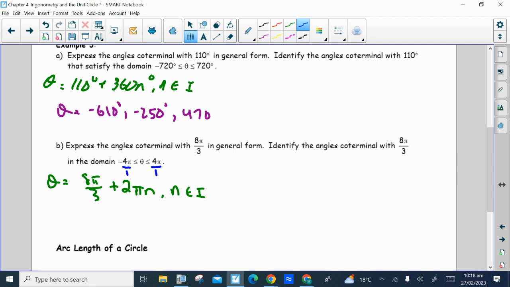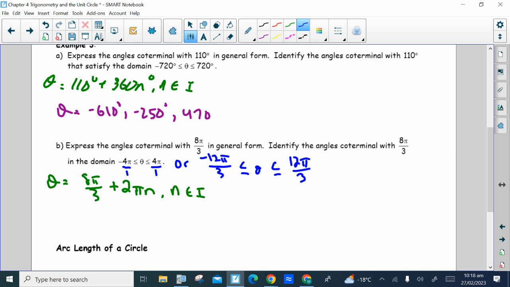To write that with the denominator of 3, we multiply bottom and top by 3. So this could also be negative 12 pi on 3 less than or equal to theta, which is less than or equal to positive 12 pi on 3. Because our angles are going to be expressed as multiples of pi on 3, we want to have our domain also written with the denominator of 3.